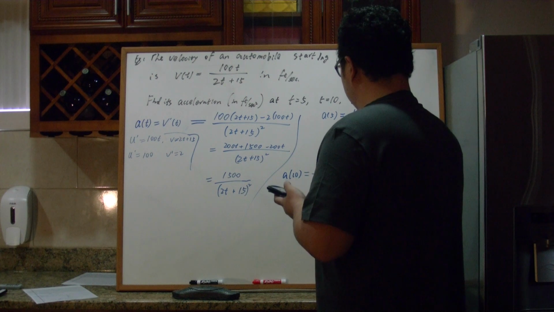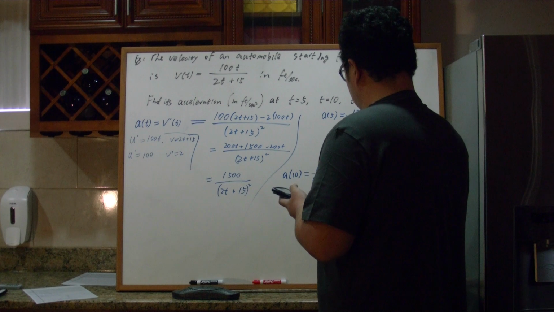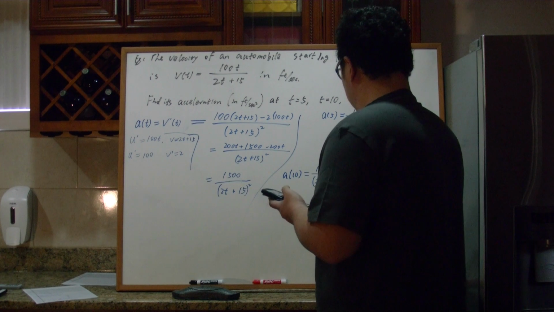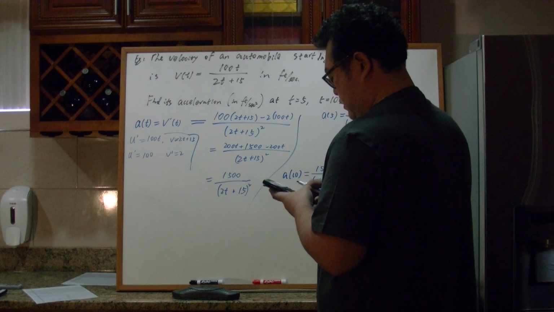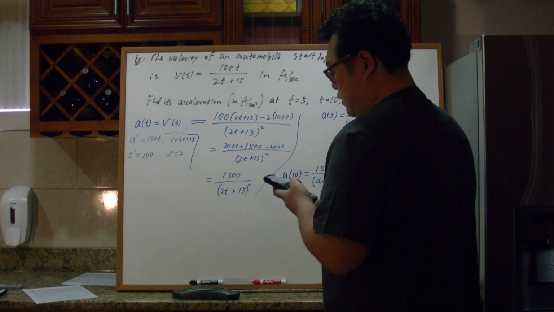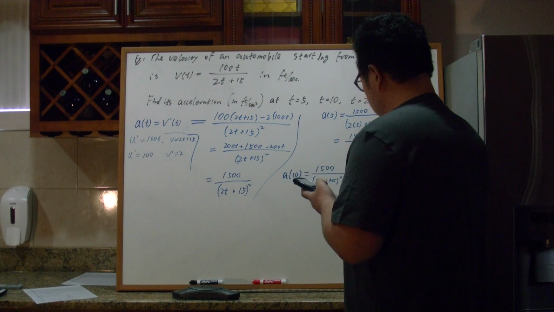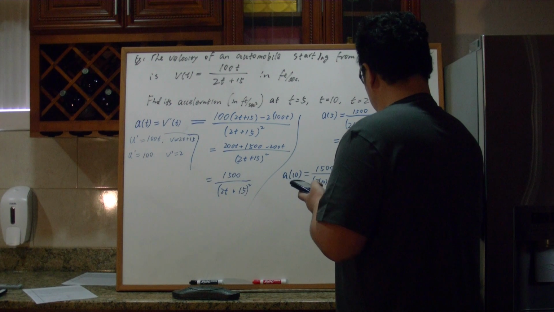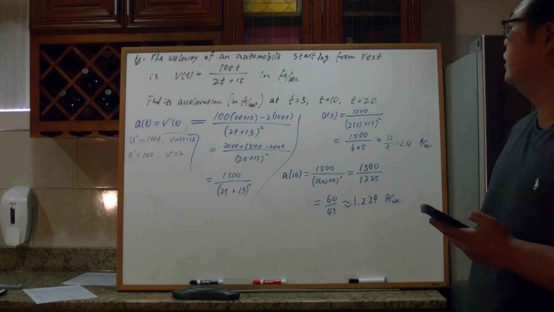That is 60 over 49, which is about 1.12.